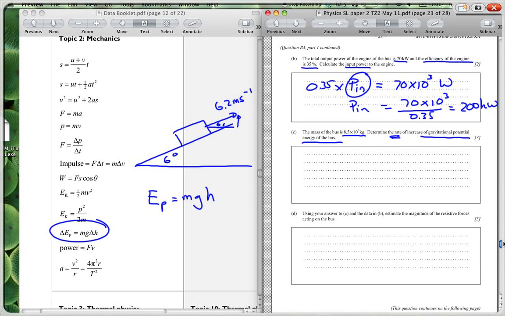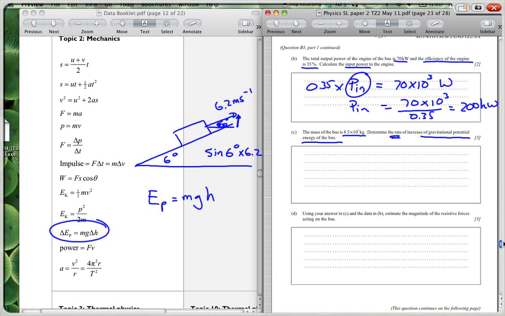So I basically have to work out my vertical component of that velocity. Now this is 6 degrees, and this is opposite, so I hope you'll all be okay that the sine of 6 degrees times 6.2 will be the velocity in the vertical direction. That will be the distance divided by time going up.